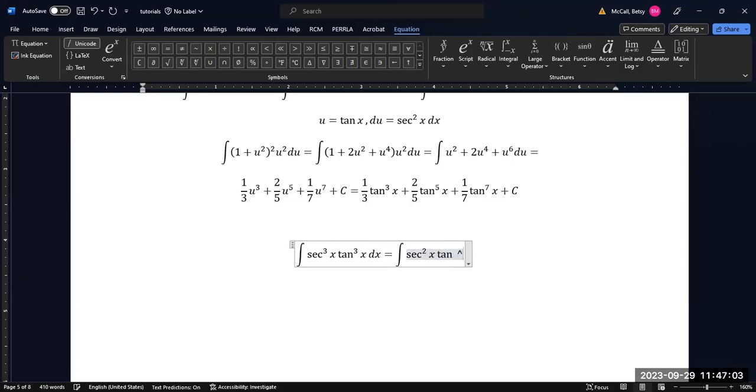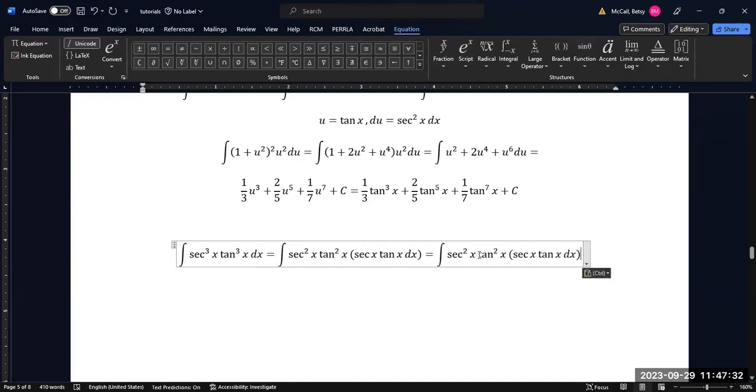I'm going to leave a tangent squared behind, and I'm going to collect a secant x and a tangent x to be my substitution. So that means this is the derivative of secant, and so all remaining tangents have to get converted back to secants.